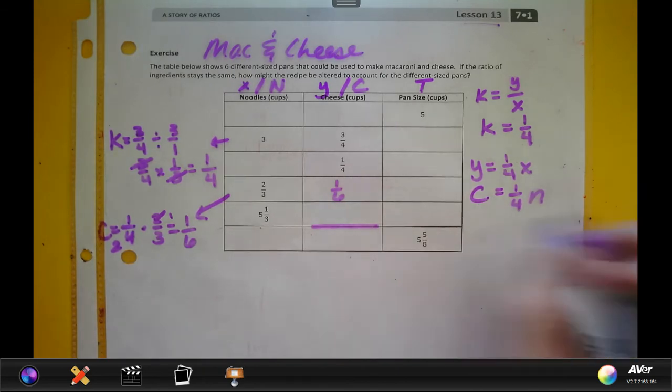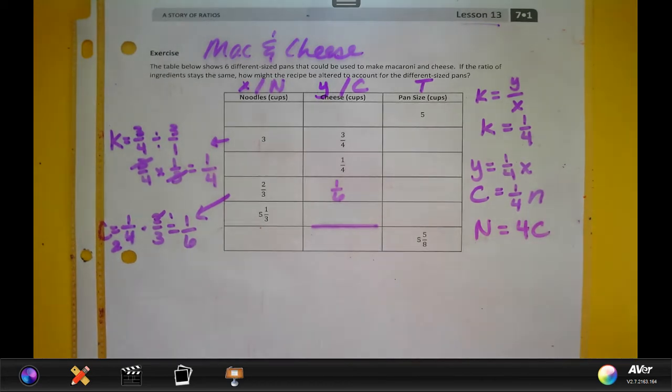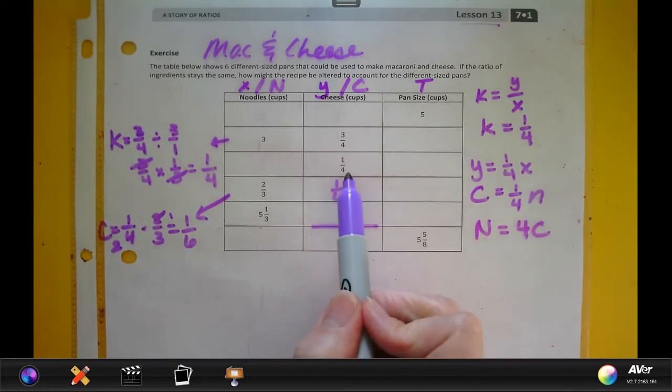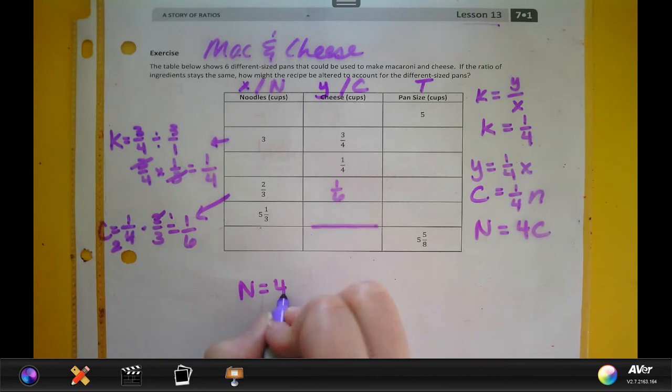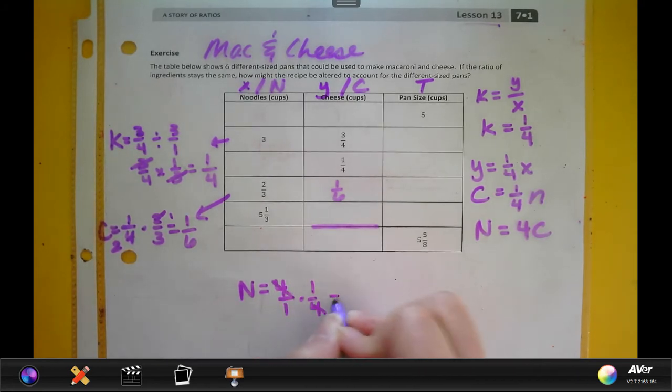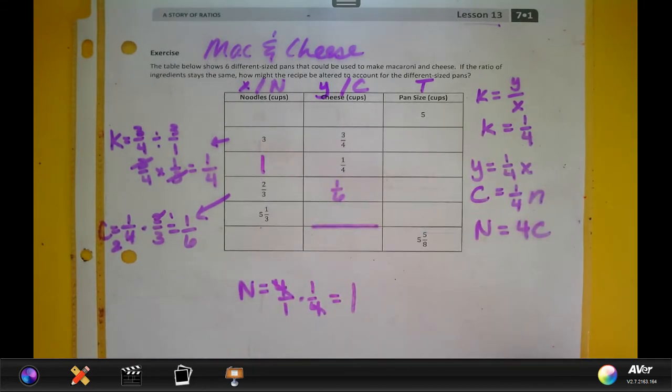So I would multiply on the other side. So n would equal 4 times c. I can use that to solve this one. If I know the cheese is 1/4, then I can do n equals 4 times 1/4. These cross cancel, and I get 1 as my answer.